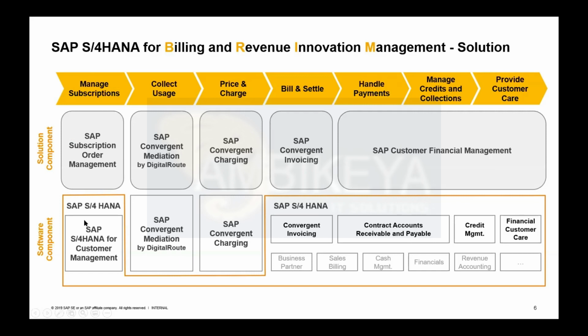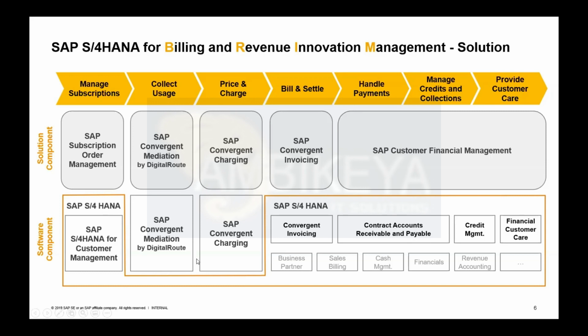So to give you an overview, which of the components belongs to S/4HANA, I have this slide included here. We have the processes here as described before, and the software components are now... this is called customer management, was an old name. It's now called SOM, subscription order management. Sorry for this, I have to correct this. Before, this component belonged to CRM, and now we have this on S/4HANA.